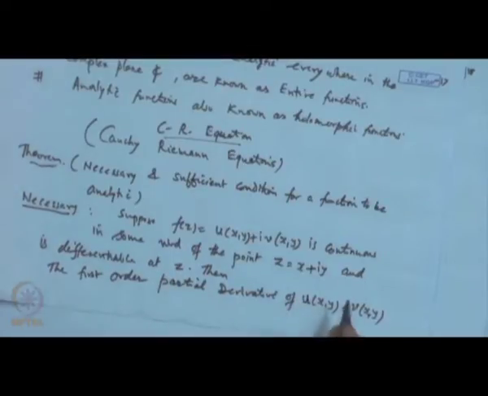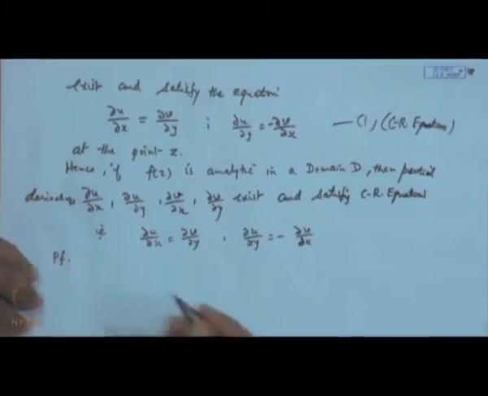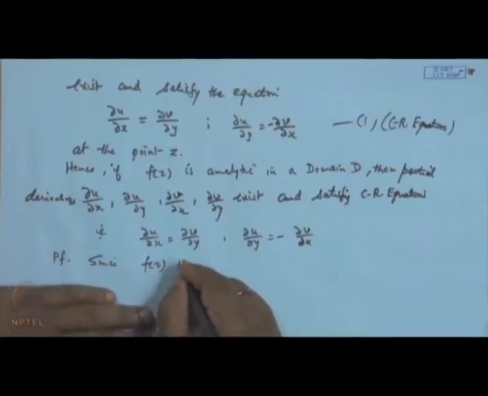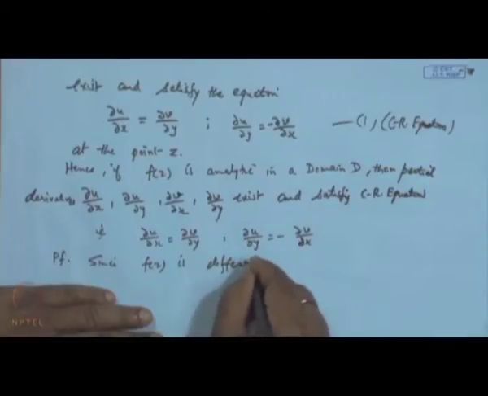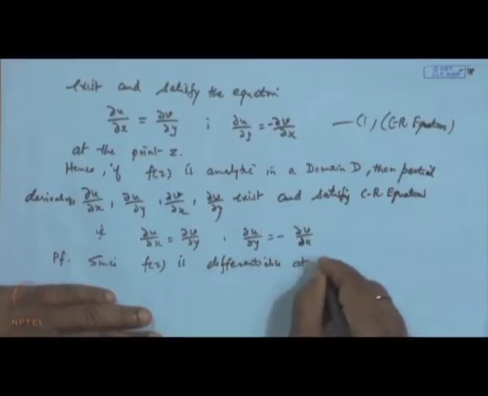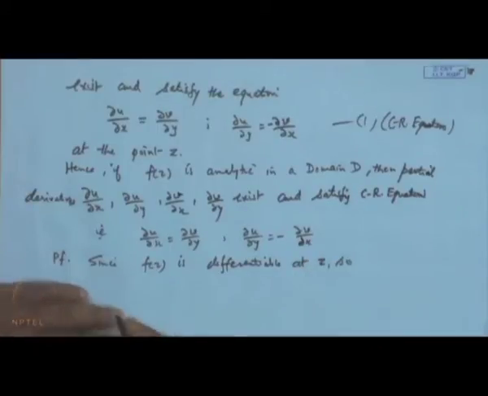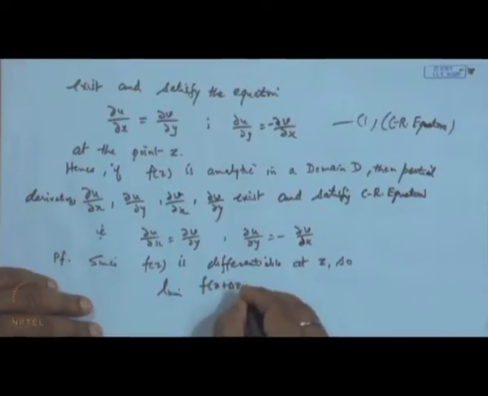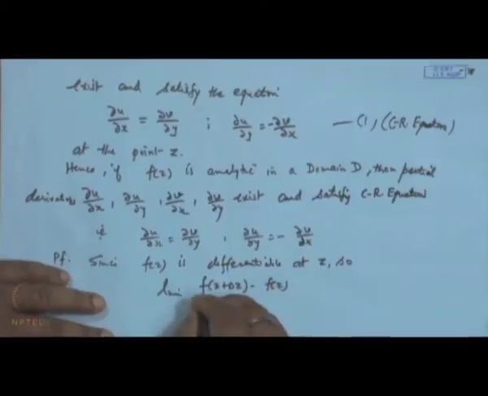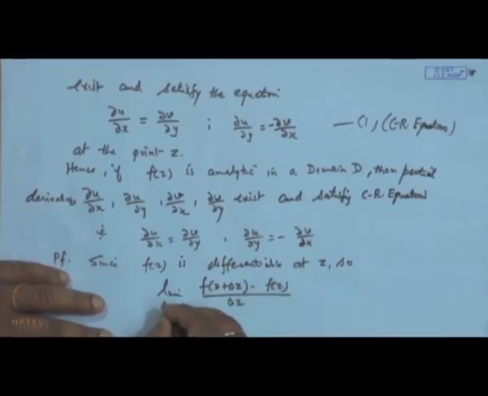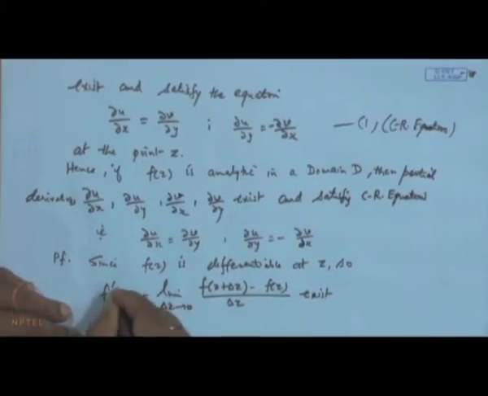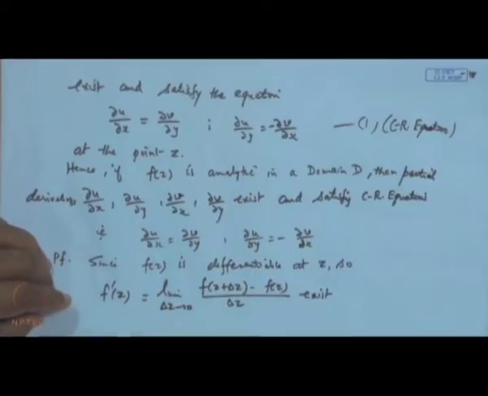The limit of f of z plus delta z minus f of z over delta z exists. Since the function f of z is differentiable at a point z, the limit as delta z tends to 0 exists, and the value we write as f prime z.